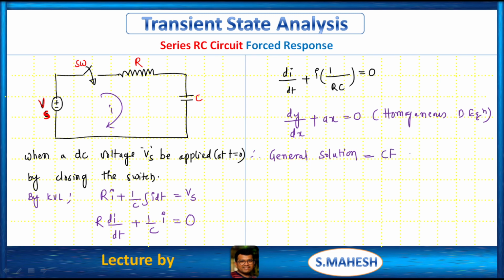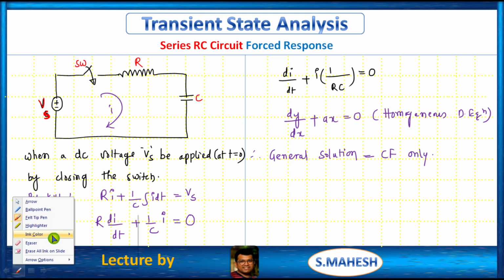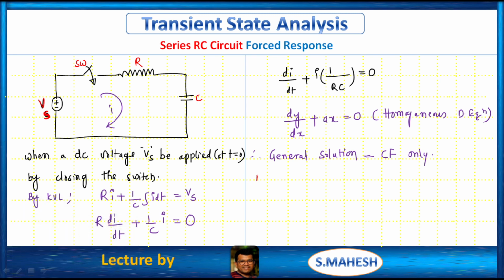Only the complementary function. That is, we have to get the force response, right? Force response i, which is equals to what? The current due to the complementary function. That's it, right? Therefore, i, which is equals to, here k is constant.